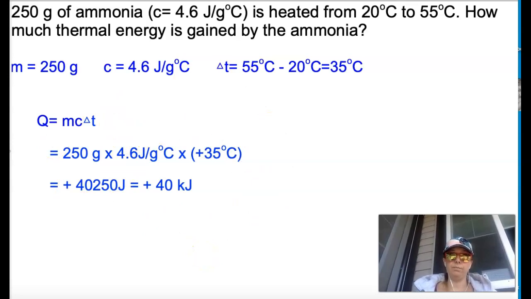So this is kind of your really simple calculation of just plug the numbers in and get an answer. The next thing we start looking at, though, becomes slightly more complicated systems where we're still using Q equals mc delta T, but we're using it to create a different equation, okay? That's because a lot of the time we're not just going to ask you, oh, how much energy was it? Or what's the mass? Or what's C? Or what's delta T?